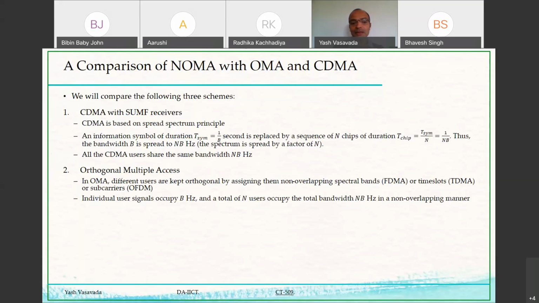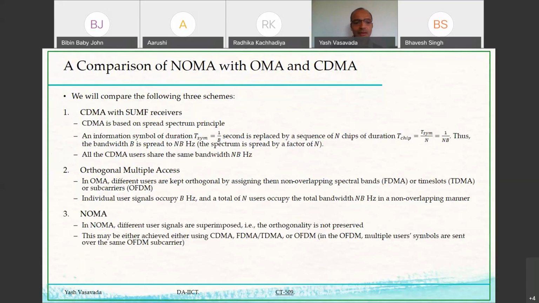They individually occupy capital B hertz of spectrum, but because they are made orthogonal, let us say in the frequency domain, if I have N users, then OMA ends up using the same spectral width of NB hertz, except now individual signals are non-overlapping. And finally, NOMA is kind of like CDMA and maybe like OMA in terms of the spectrum use.